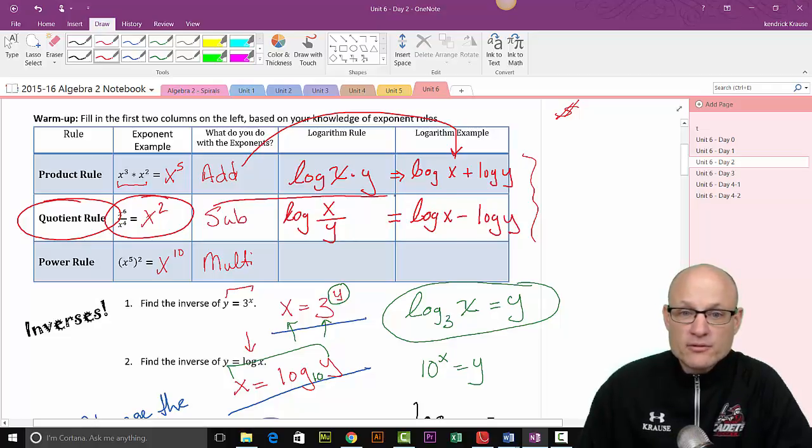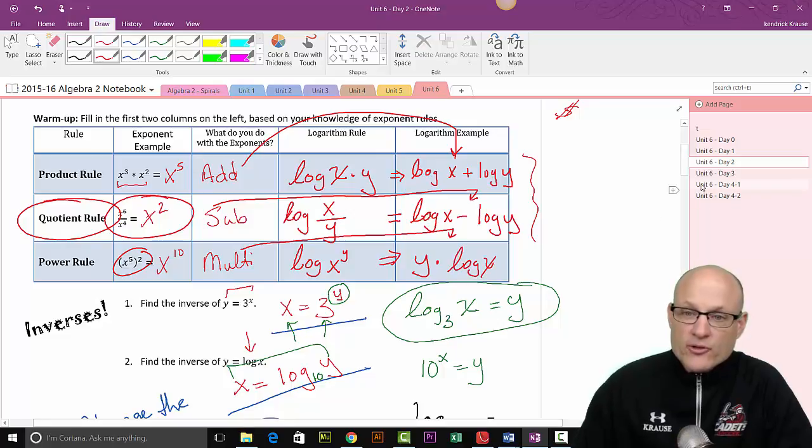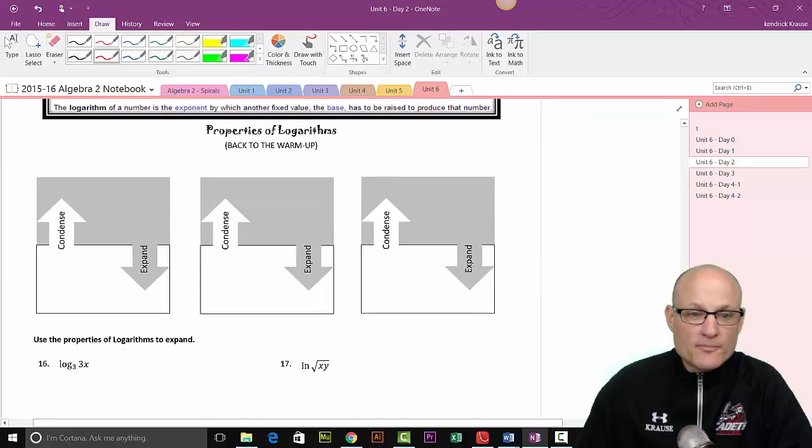Notice subtraction with division. And finally, if I gave you log of x to the y, otherwise we have an exponent, we're going to multiply. It's a little bit weird. It becomes y times log of x. So those are your three expansion or condensing rules.